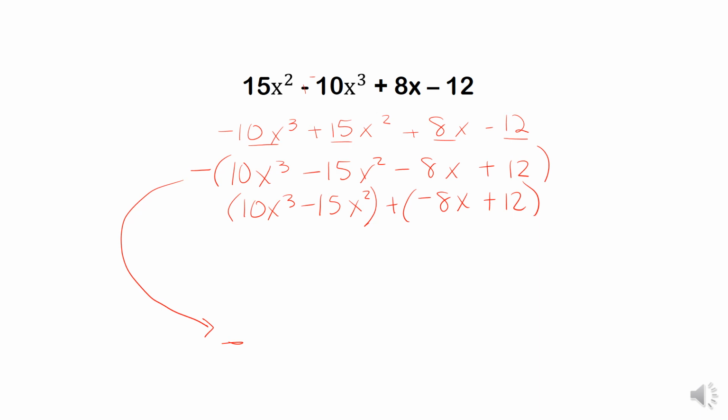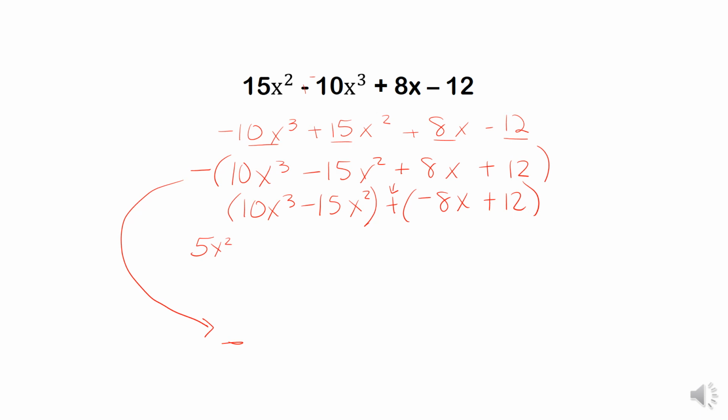It's really important that you always have a plus here, and this minus only goes to the 8. So I zip zap it, and I put it with the 8 so that I remember that negative. Okay? Very important step.